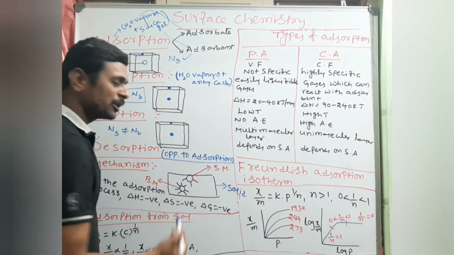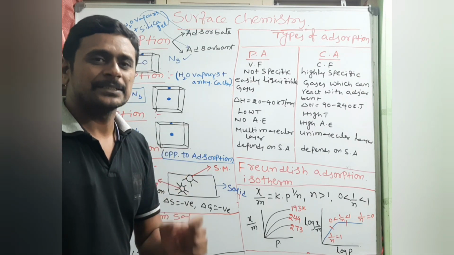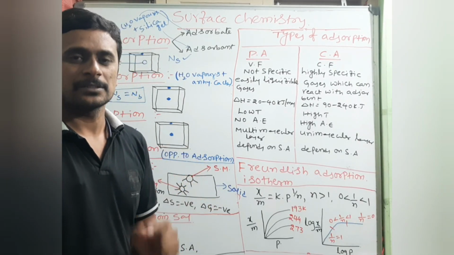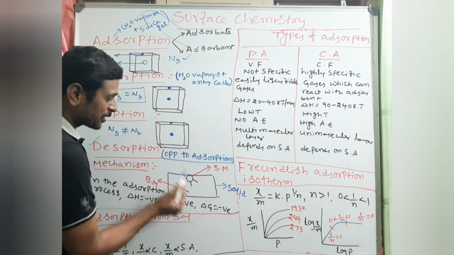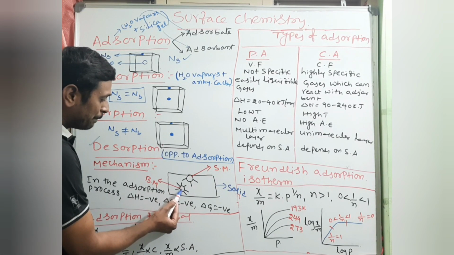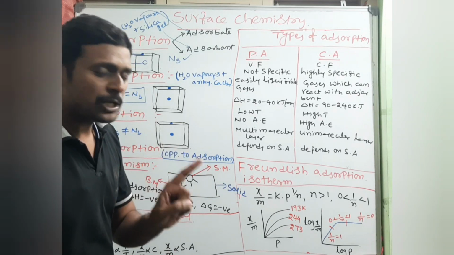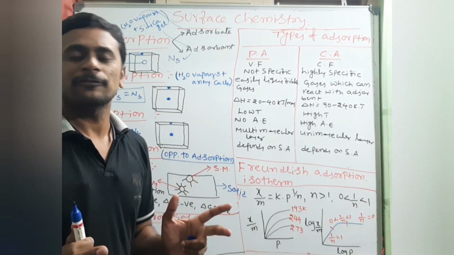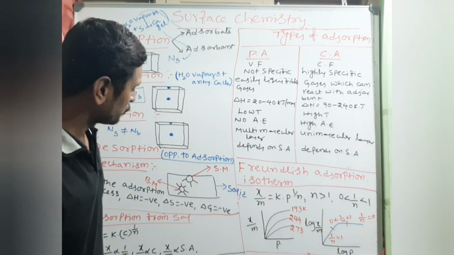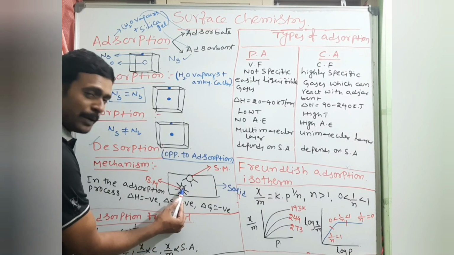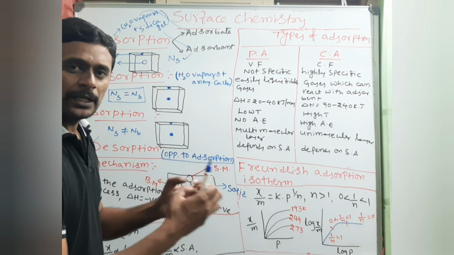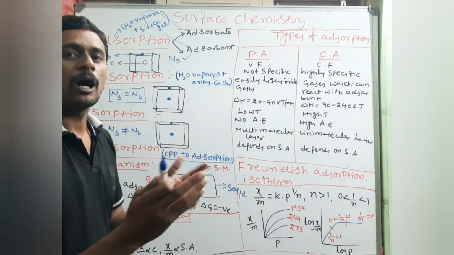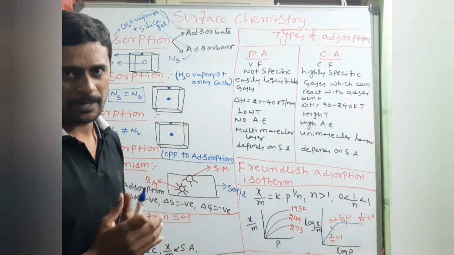The surface molecule experiences residual forces because of unbalanced attractive forces. But the bulk molecule does not possess any residual forces, because in all directions it attracts, and in the opposite direction with the same extent.